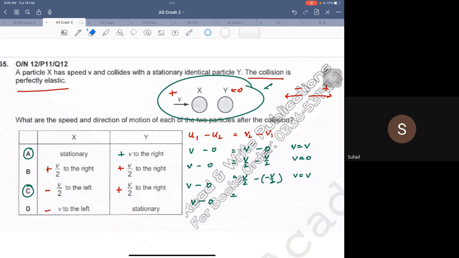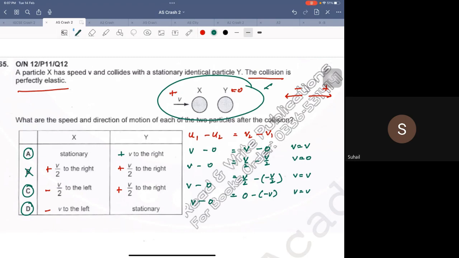So let's see. In the last one, I'm going to check that as well. I'm going to say it's going to be stationary minus, and that's going to be minus V. So that's also V and V. So this could also be correct. Only this one is wrong. Now what do we do?